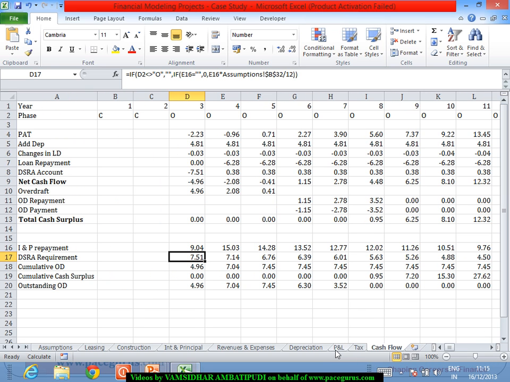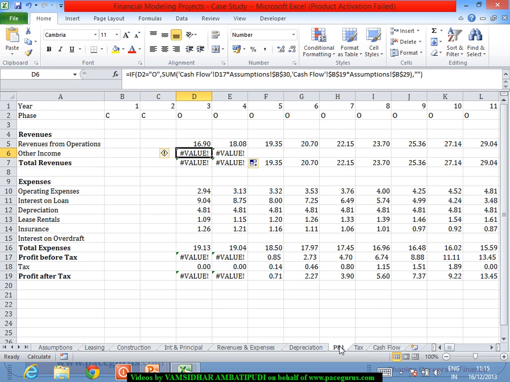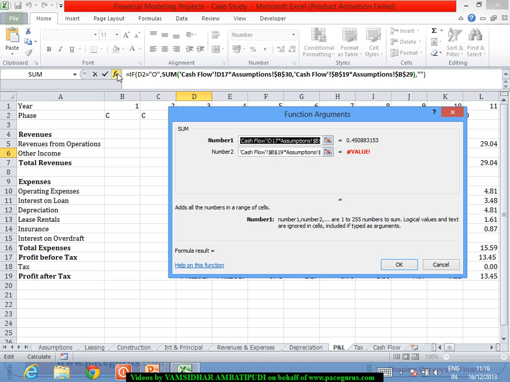Cash flow D17, whatever is that number, times assumption B30. Let me just work out on it. Okay, cash flow B19 times assumption B29 is what is creating the problem.